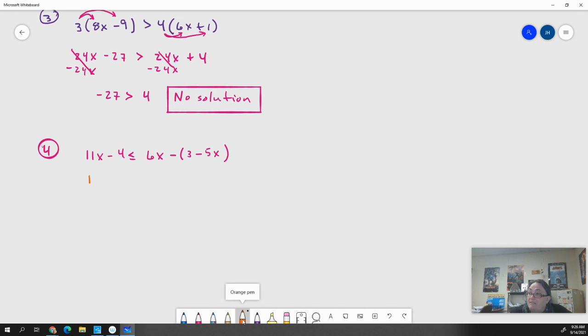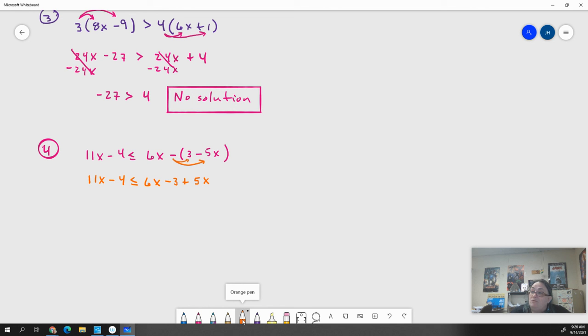So I'm going to rewrite this as 11x minus 4 less than or equal to 6x. I'm going to distribute this through here and get -3. And then I'm going to distribute it through here and get plus 5x.